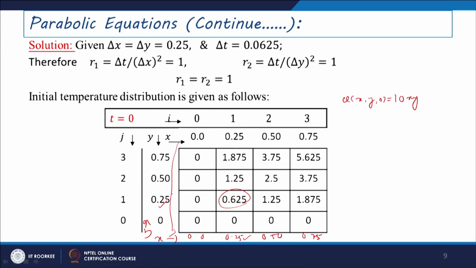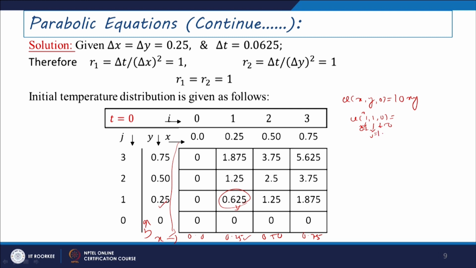If we consider x equals to 0.25 here and y equals to 0.25 here, suppose, then we can write this at this point, since this is the starting point, as 1 point. So, u at t equals to 0, x is the first coordinate, we can write i equals to 1 and j equals to 1 there.